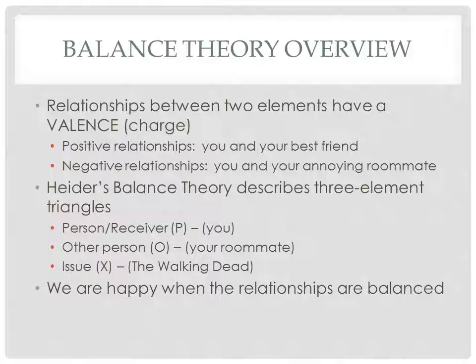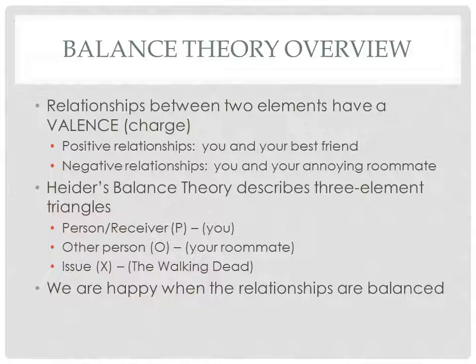Generally, that's going to be you, but obviously you can use this theory to talk about other people's situations as well. Then there's the other person, that's the O. So let's say that the other person is your roommate. And then finally you have an issue, which is symbolized with an X on the balance theory triangle. So let's say this is the Walking Dead television program.